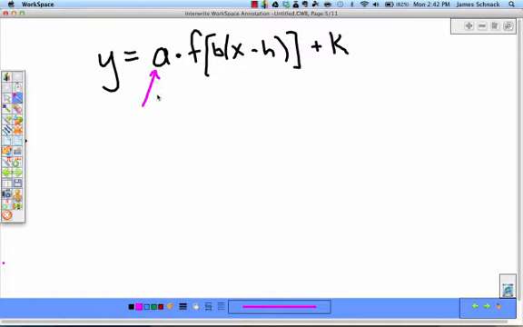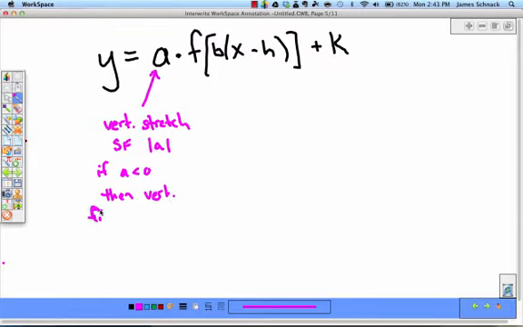But just to remind us of what these different letters mean, A tells us that there is a vertical stretch, and that the scale factor, I'm writing SF, abbreviating scale factor, is the absolute value of A. If A is less than 0, then there is also a vertical reflection across, which would reflect us this direction across the x-axis.